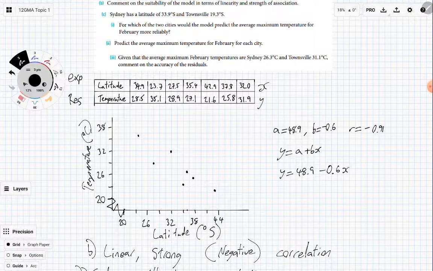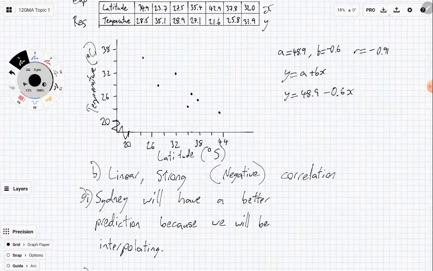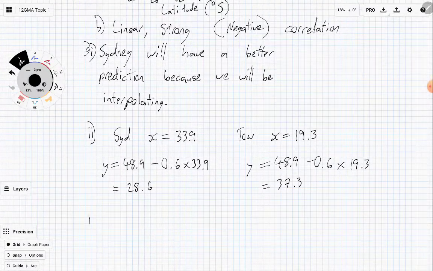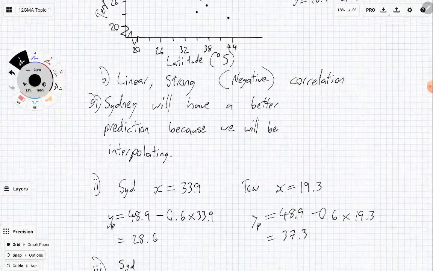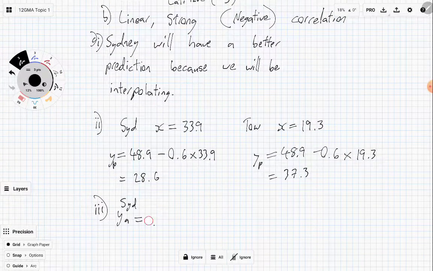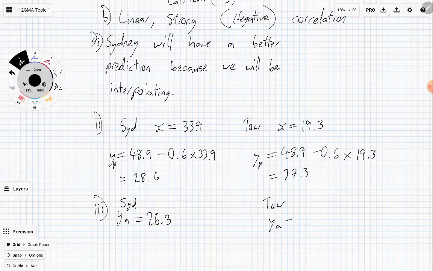Alrighty. So remember, we've now just been told that our predictions were this, but the y actual for Sydney is 26.3. And the y actual for Townsville is equal to 31.1.